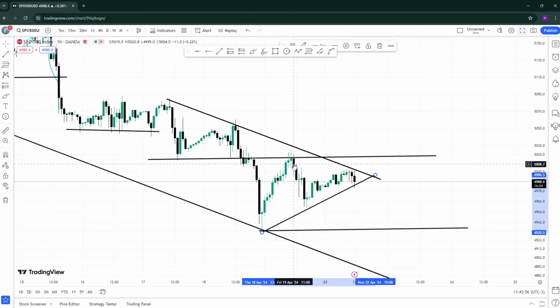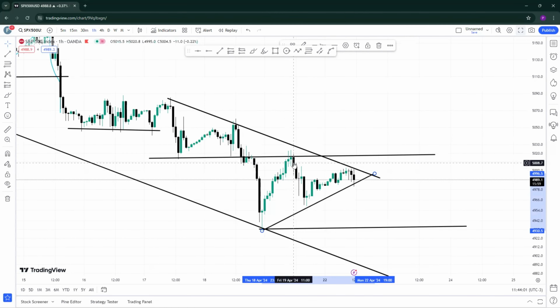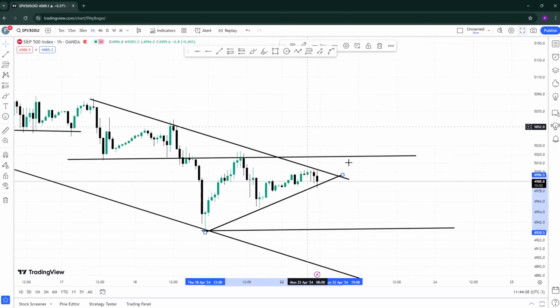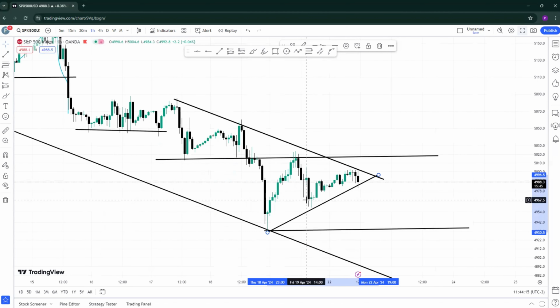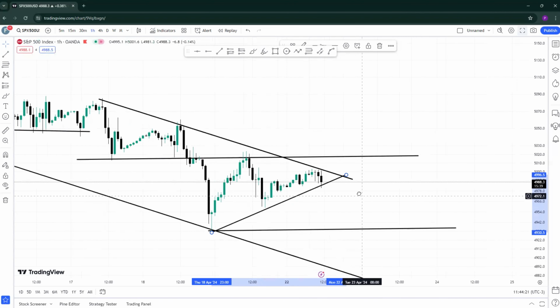Whenever it changes from the correction state to the impulse movement, that's where we see a strong candlestick. So my anticipation is that when the market breaks this trend line, we will experience what we call the impulse movement.